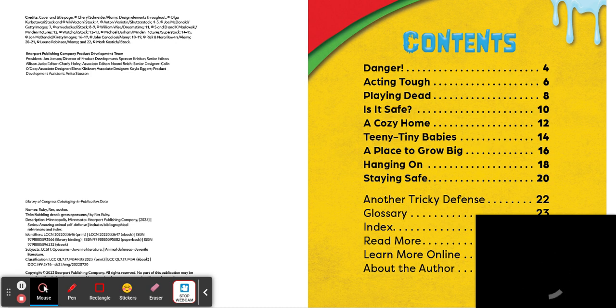So if we just want to start the book off with danger, we'll open to page 4, no problem. But let's say we're looking for specific information like playing dead. We want to know how the possum plays dead. Then we're going to go to page 8. Or we're curious about their babies. So we go to teeny tiny babies on page 14. So table of contents is very important because it tells the reader where to find information quickly.